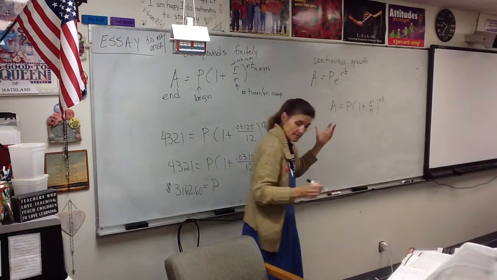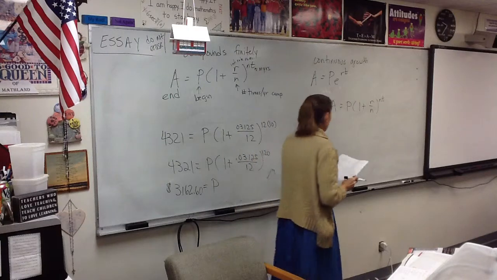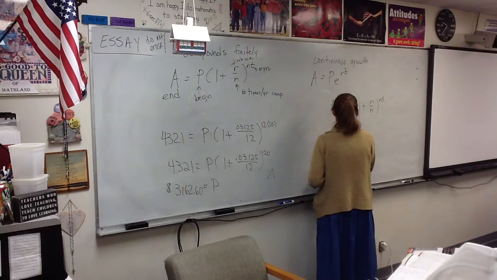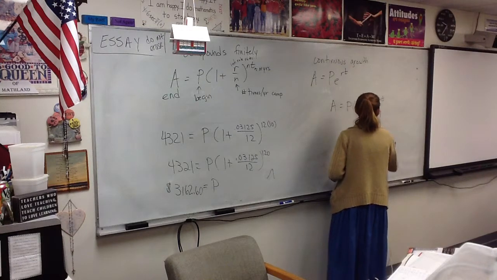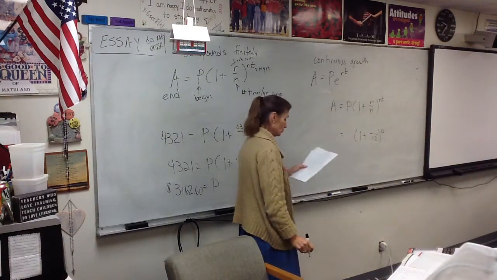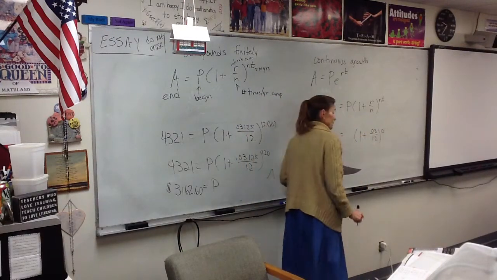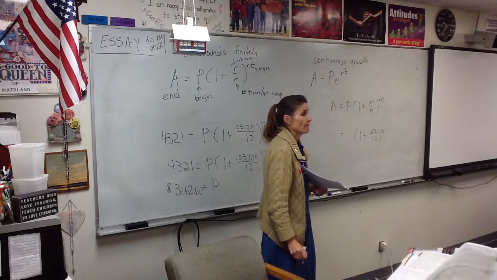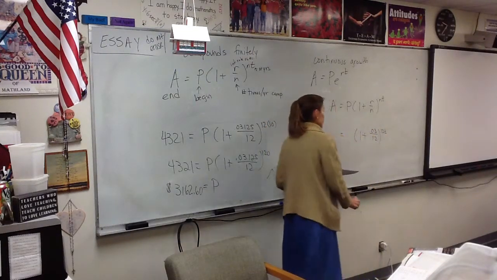Anybody see where to put anything in? 12 on the bottom. 12 is in, so that's 12, and this is 12. Interest rate, 0.03, that's here. What am I solving for? T, so my variable's here, that's T.